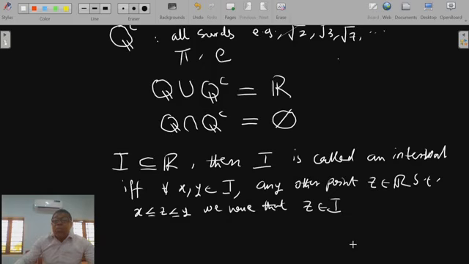So we have some examples of intervals of R. Let us look at the following examples.